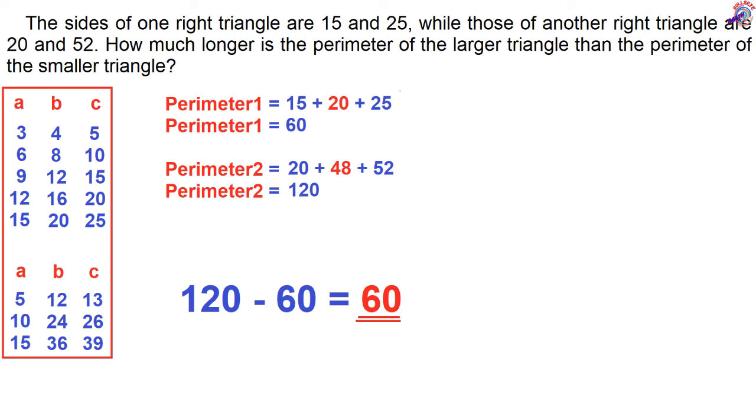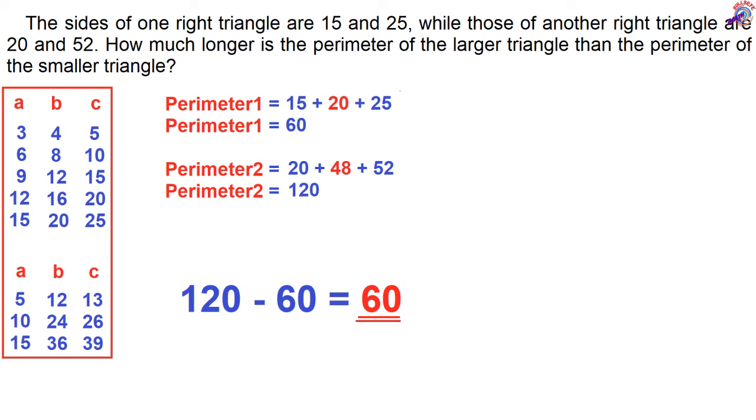If we add all the sides, 15 plus 20 plus 25, the answer is 60. For the second triangle, 20 plus 48 plus 52. We got 48 from our list. If we add them all, the answer is 120. How much longer means subtraction, so 120 minus 60 equals 60.